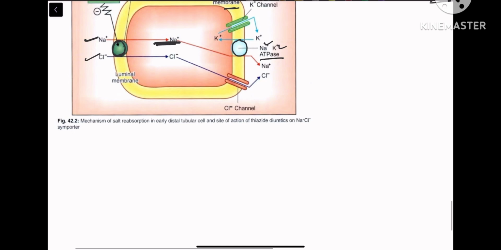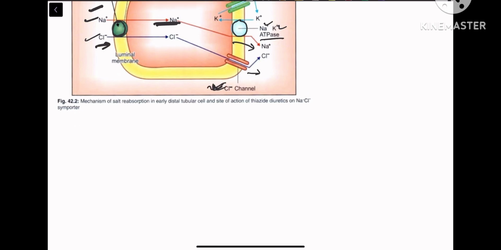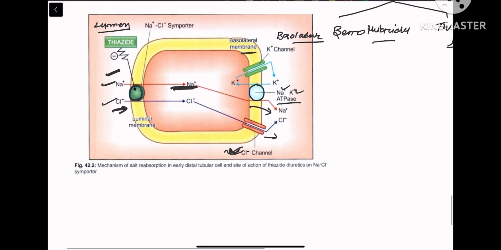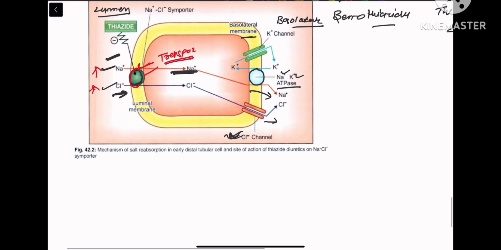This transports the sodium into the interstitium, and chloride is also transported into the interstitium via the chloride channel. So thiazide acts here and inhibits this transport. Okay, so here the sodium is increasing, chloride is also increasing. By this, they act as diuretics.